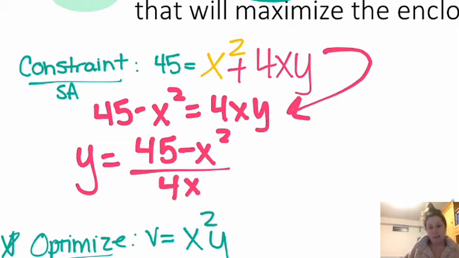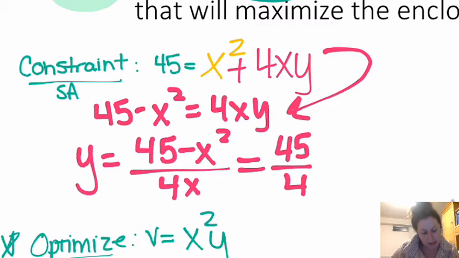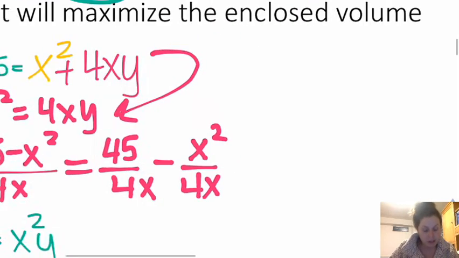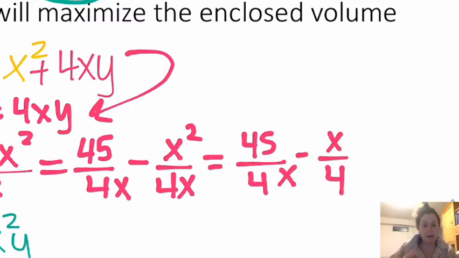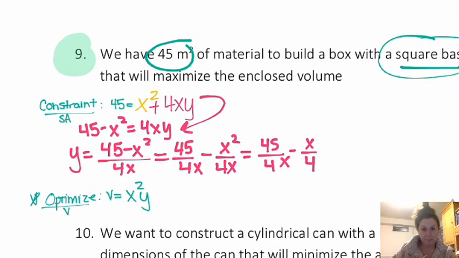Now, you could simplify this here, or you could wait, it doesn't matter. I often feel like it's easier to simplify here. So you could make this 45 over 4X minus X squared over 4X, and you could simplify that to be 45 over 4X minus X over 4. So again, you don't have to simplify it here, but you can.